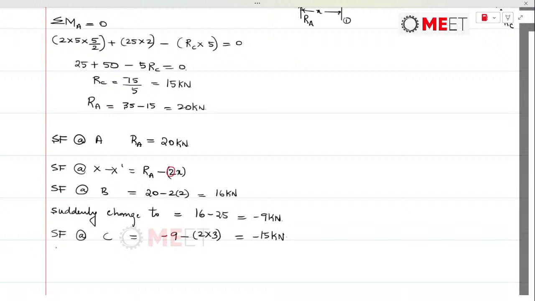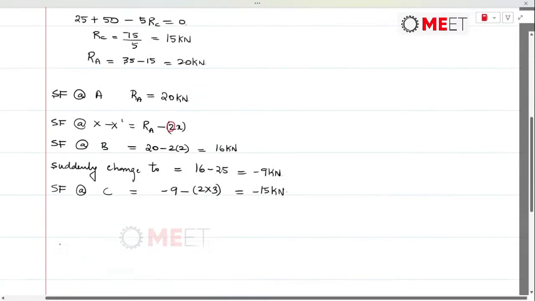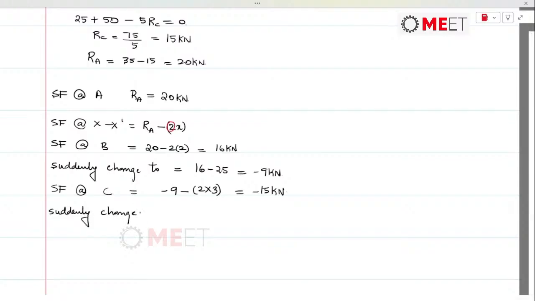Next, at point C, there is a reaction RC present. So this reaction RC will definitely produce a sudden change as well. So this will be minus 15 and the value of RC computed as plus 15, so this is equal to 0.